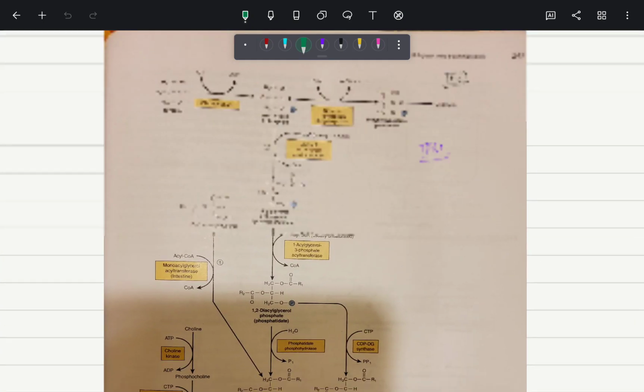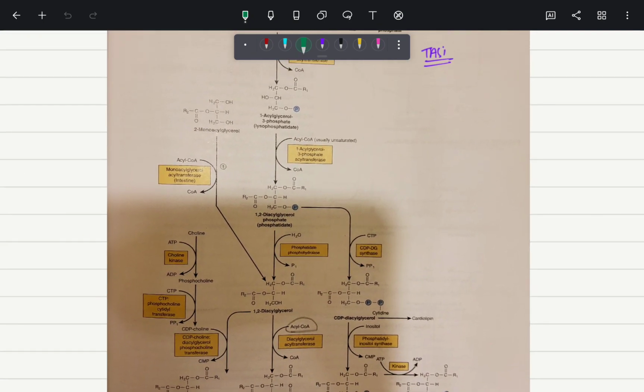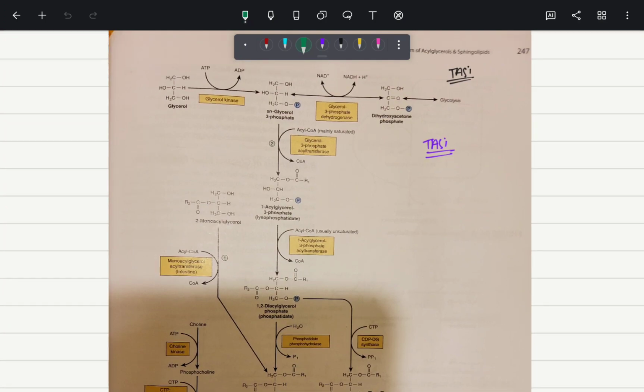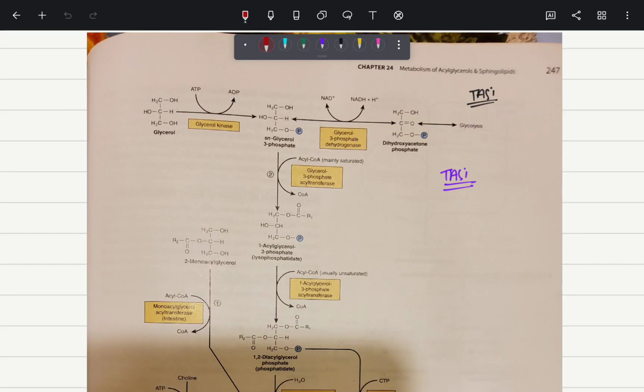Now as you can see here, this was the pathway that was given in your chapter 24. So as you can see here, glycerol and dihydroxyacetone phosphate will get converted into glycerol 3-phosphate. Whenever glycerol is getting converted into glycerol 3-phosphate, the enzyme responsible is your glycerol kinase.